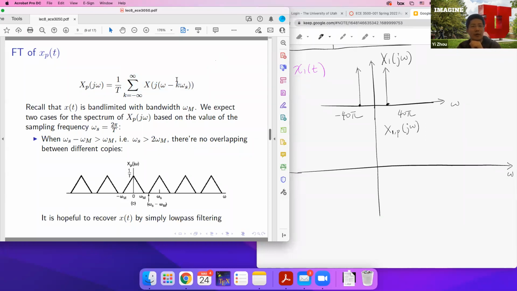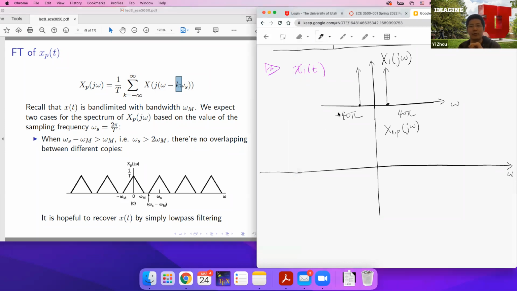Now when k equals 0, this is the first copy. The first copy is basically the original spectrum. So you will have the first copy right here. And of course, because of this 1 over T, the magnitude will be scaled accordingly.